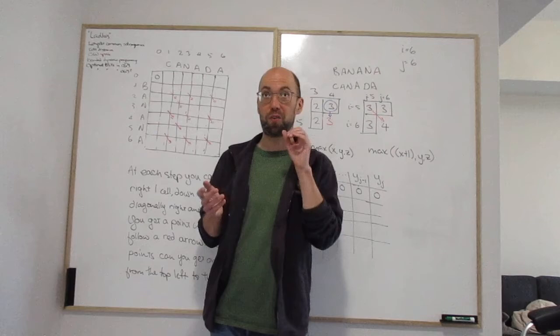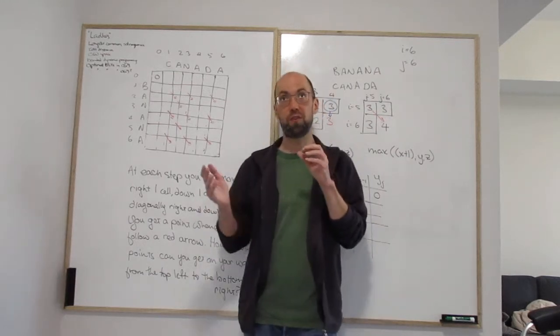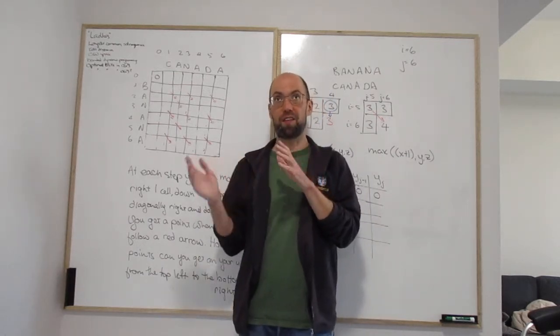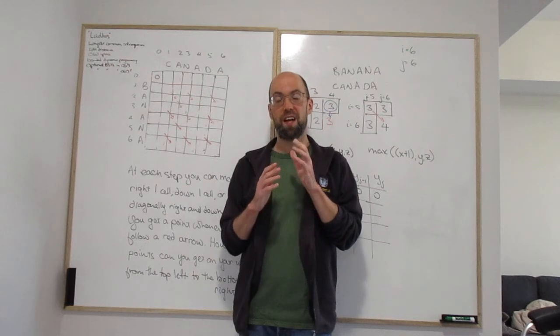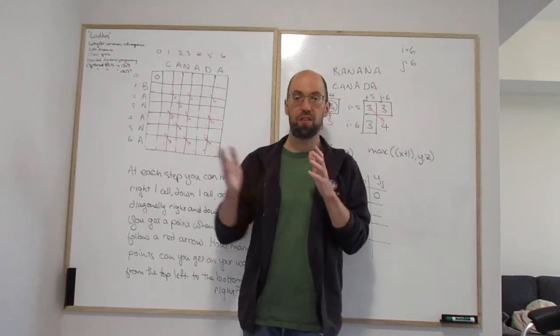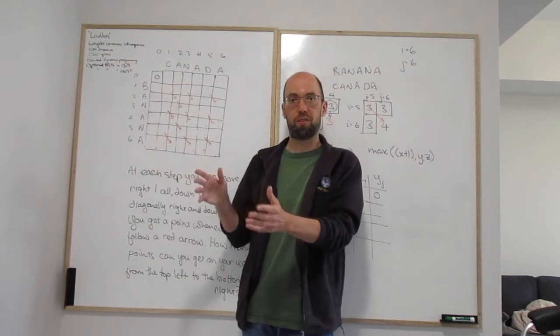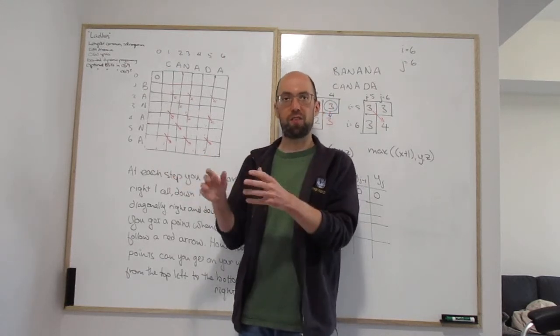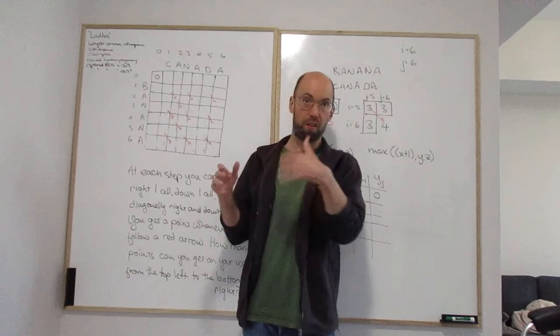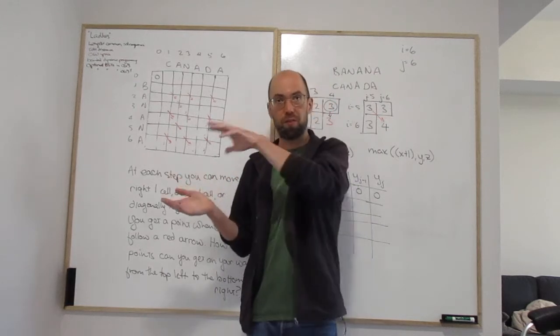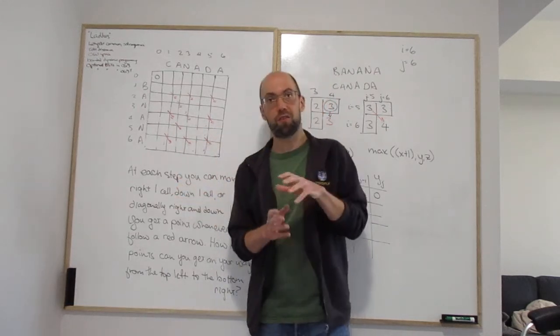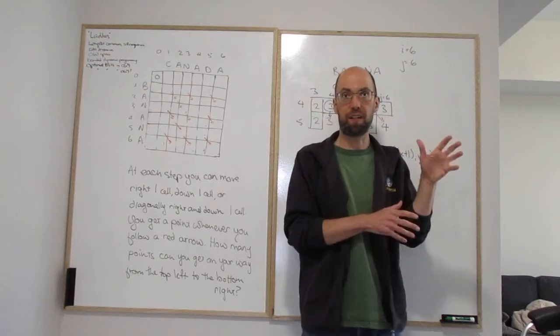Now, this is if you couldn't do substitutions. You could delete the characters from banana that aren't in the longest common subsequence, and then insert the characters in Canada that aren't in it. So you turn banana into the longest common subsequence, and then you turn that into Canada.